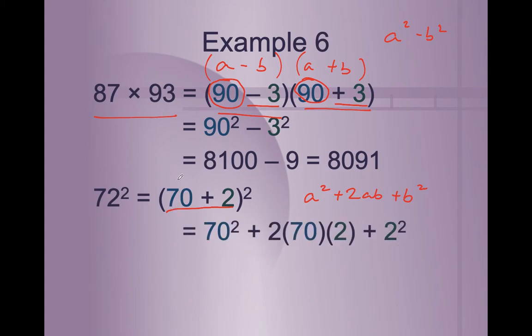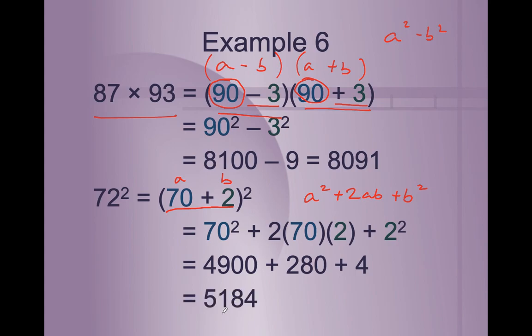Here we go. 70 is represented as your a, 2 is represented as your b, so I've got 70 squared, a squared, plus 2 times 70 times 2, plus b squared, which is 2 squared. 70 squared is 4,900. 2 times 70 times 2, that's 4 times 70, 280 plus 4. Therefore, my final answer, what is 72 squared? 5,184, and you didn't even have to use a calculator.